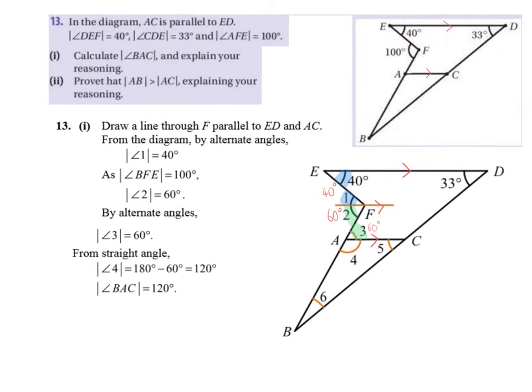Angles on a straight line add up to 180 degrees. Angle 4 is going to be 180 minus 60, which is 120. Angle 4 is here, and we can see it's on a straight line with angle 3, which is 60. So 180 take away 60 leaves us with angle 4, which is 120 degrees.